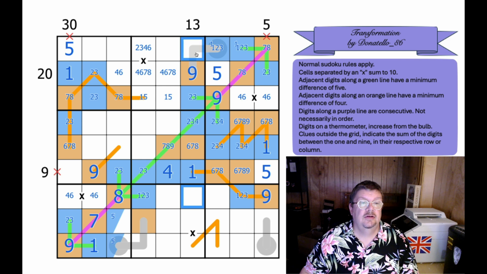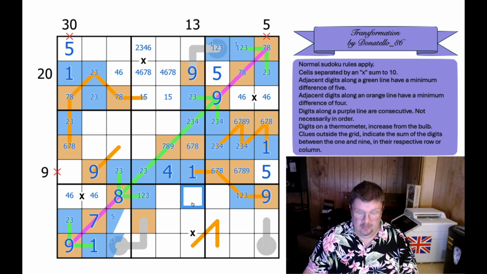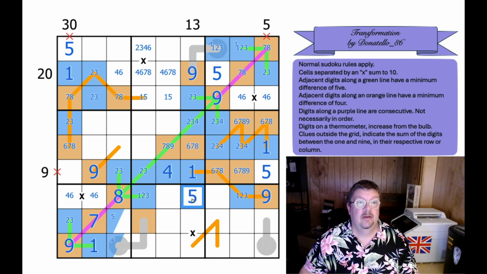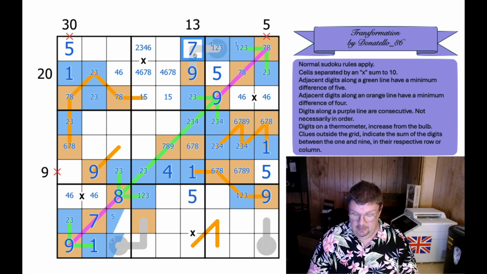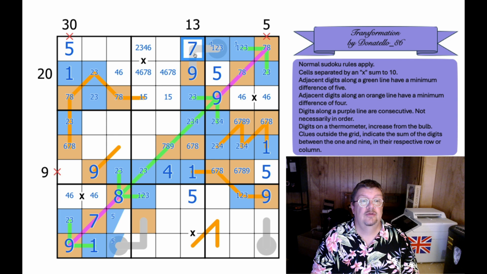So these 2 digits add up to 12. And I've just noticed that can't be a 5, so that's the only place for 5 in the column. And because they add up to 12, that must be a 7. That, I'm sure, is quite useful.